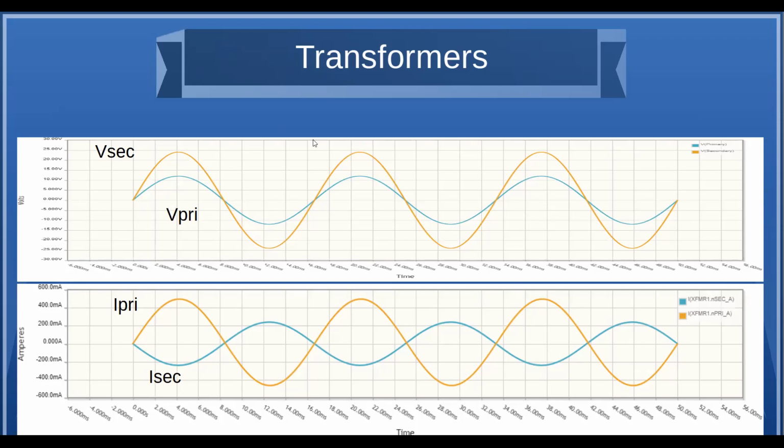The secondary, because this is a 2-to-1 step up, should be about 24 volts, and it's just shy of 25. When we look at the current, the current on the primary is about 500 milliamps. The current on the secondary is about 250, but it's negative. It's out of phase. Which is an important thing.